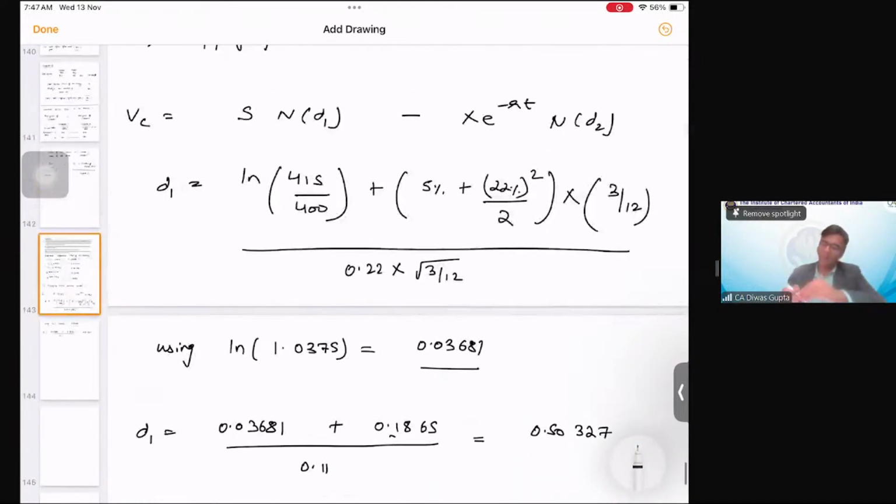Just a second. Let me also do this. So we have 0.05, and then we have 0.22 into 0.22, which is raised to the power 2 divided by 2.